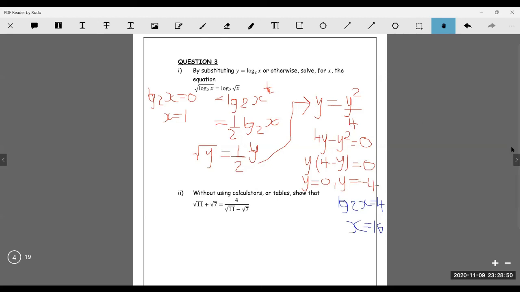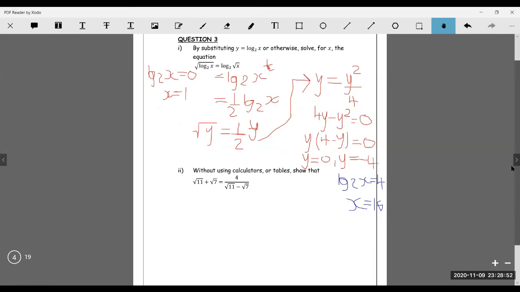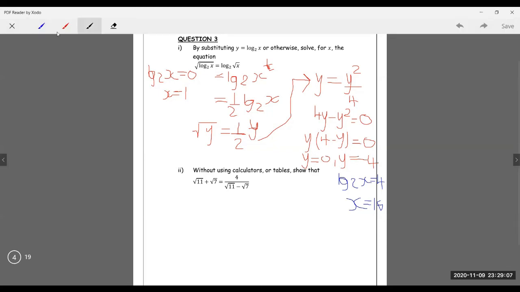All right, let's close with this one now. We have the root of 11 plus the root of 7. It says show that it's equal to 4 over root 11 minus root 7. How are we going to do that?